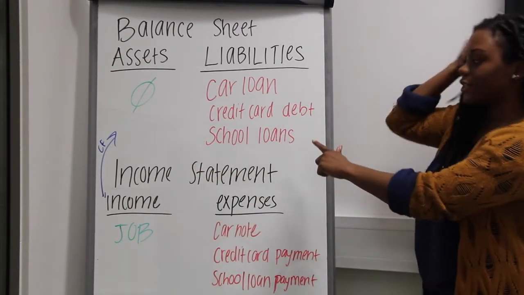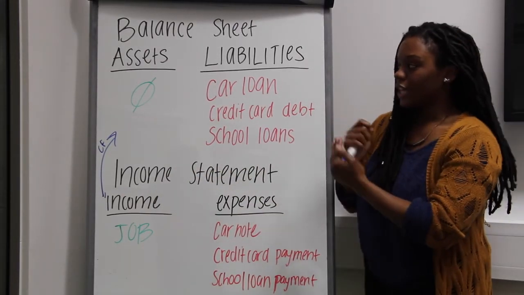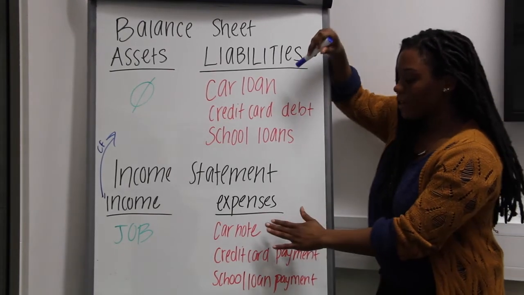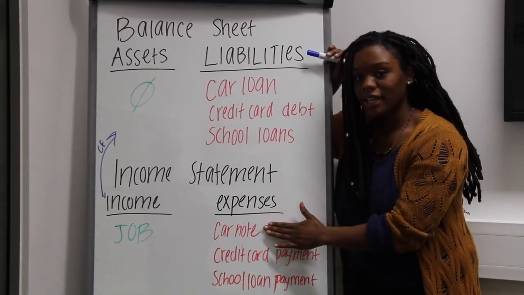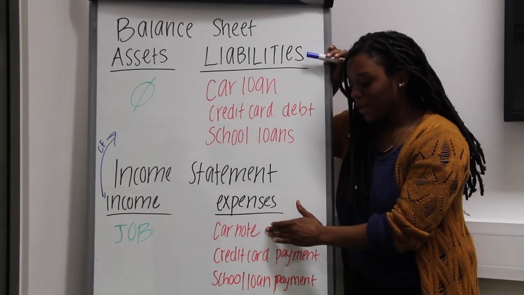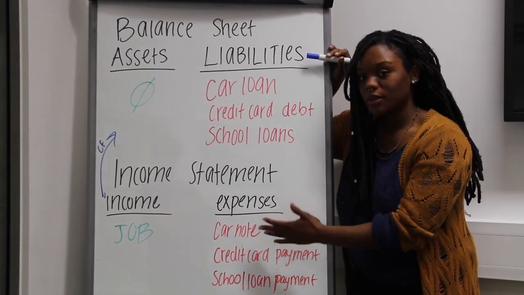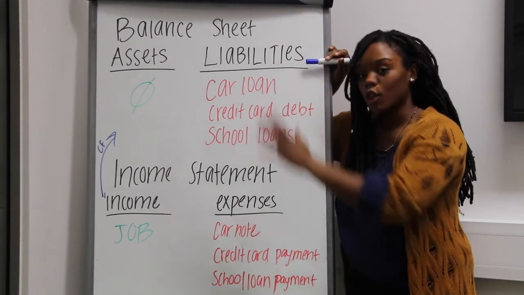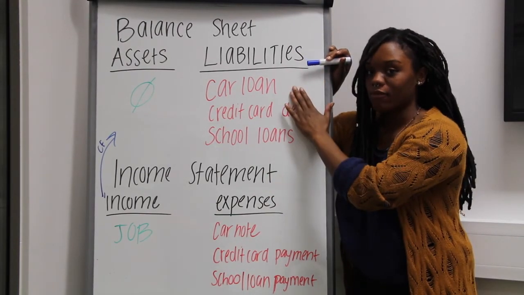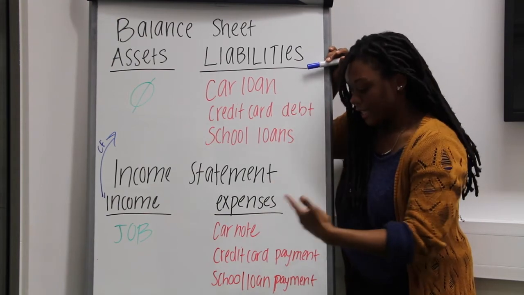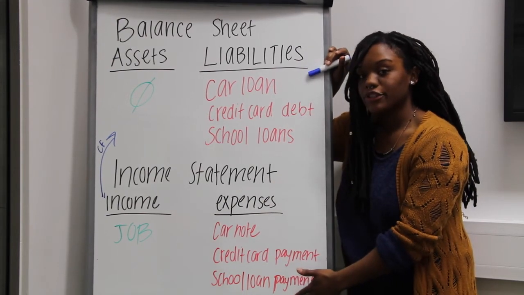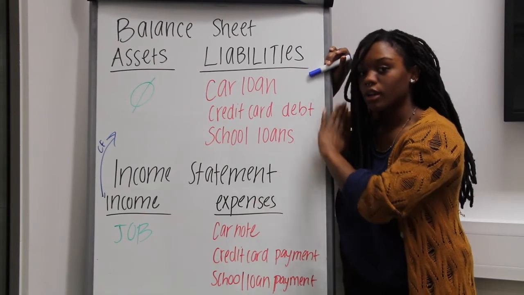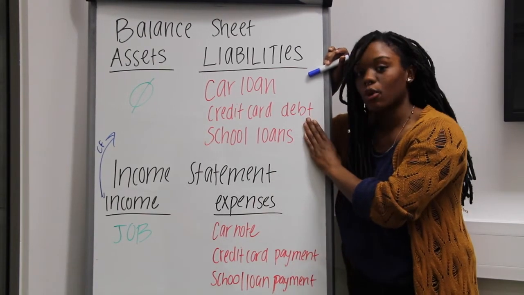And then likewise, if you take a look at liabilities and expenses, because I do my expenses monthly, my expense is a monthly car note, which is the amount I pay a month for my car. But overall, I have a car loan amount that I still need to pay off. I have a balance due. Same thing for school loans. There's a monthly payment that I make on my school loans, but overall there's a school loan amount that I have to pay total.